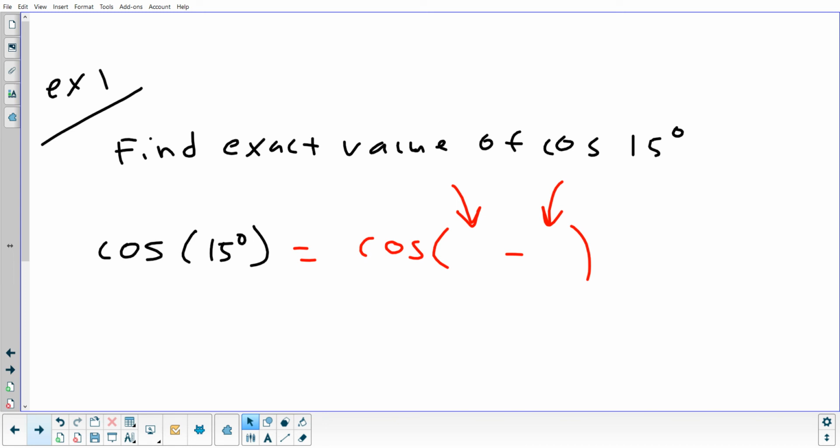So you have to figure out a way to write 15 using multiples of 30 and 45. If we pick angles that are not multiples of 30 and 45, you're not going to be able to figure out the exact answer. So can anybody think of the simplest way to write the number 15 as a difference, using 2 numbers that are multiples of 30 and 45?